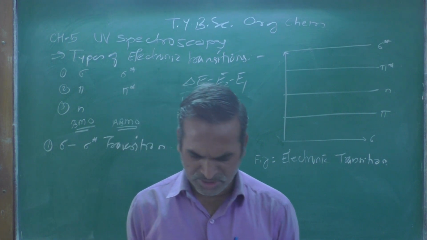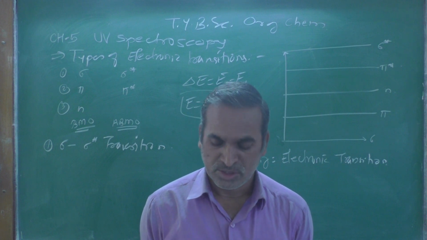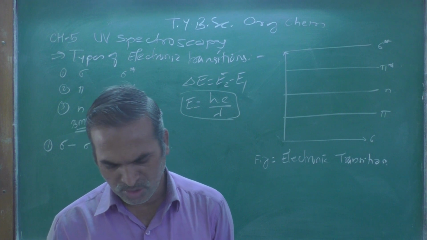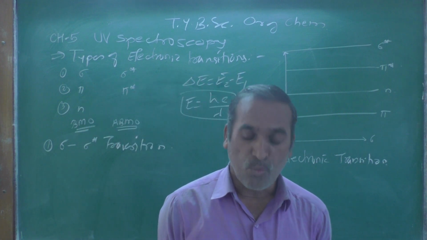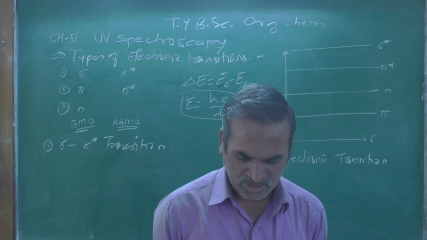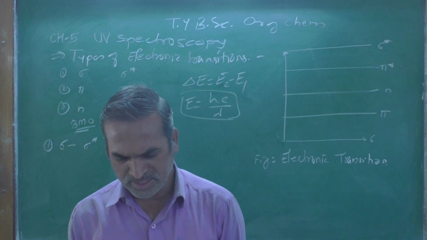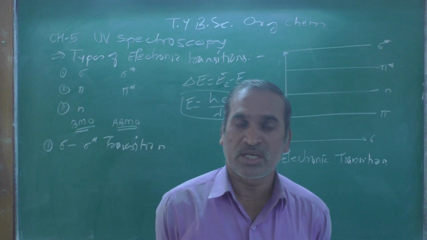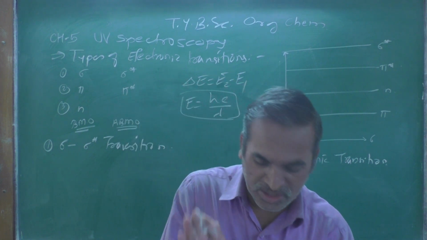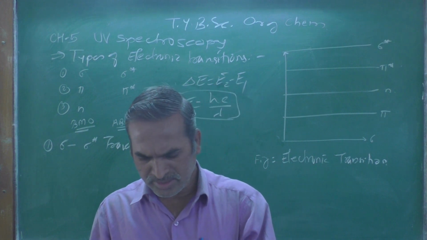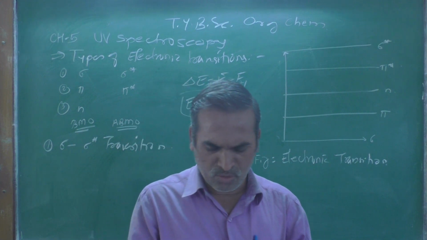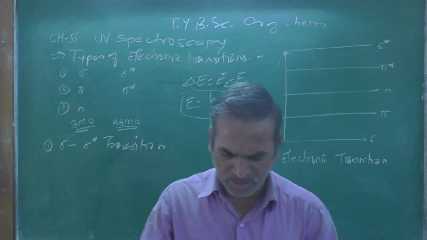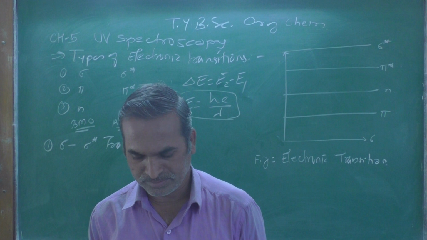From this relation it is clear that the smaller the energy required for excitation of an electron, the larger is the wavelength of absorption. The value of delta E depends upon molecular structure, and hence indirectly the value of lambda max also depends on the molecular structure.